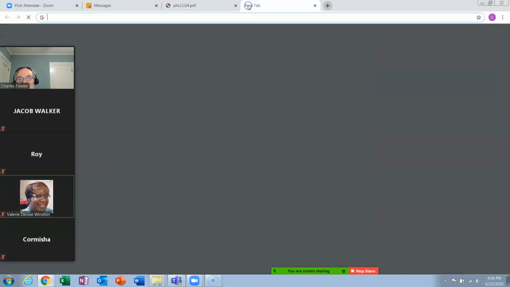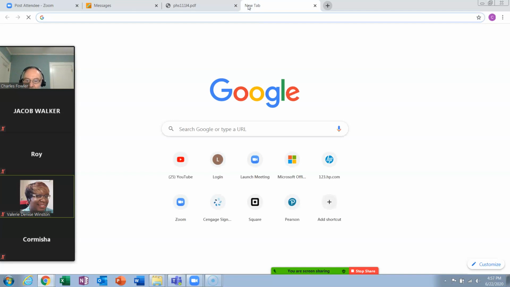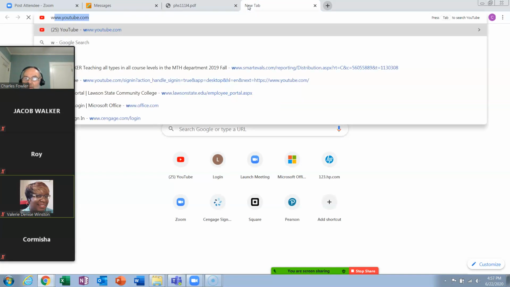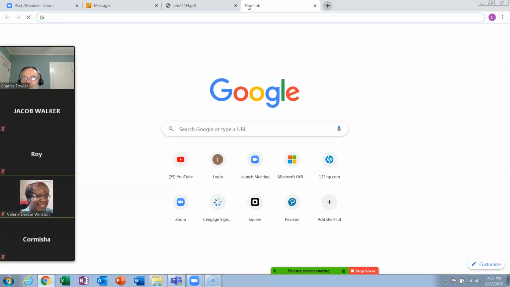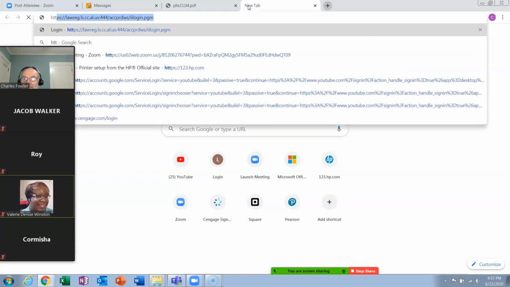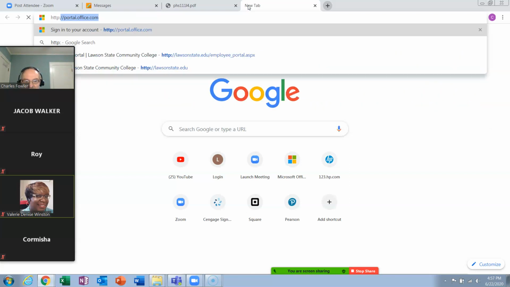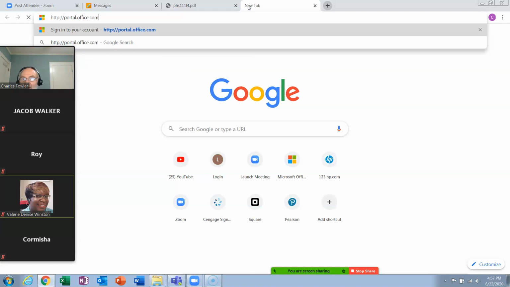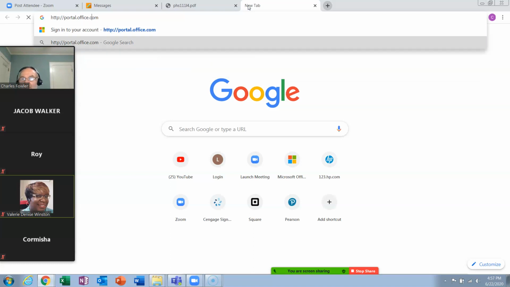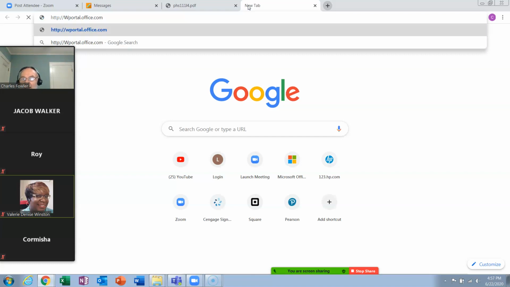Just do the plus here and do HTTP colon slash slash WEBMINERAL.